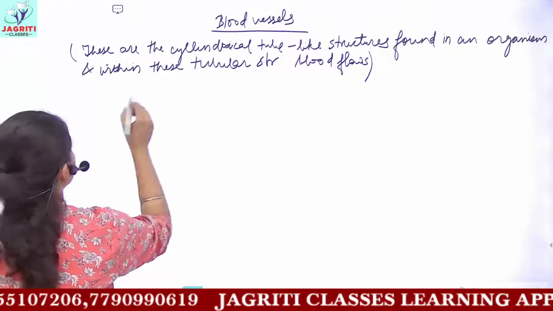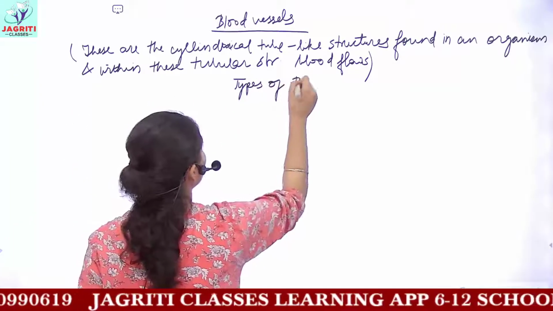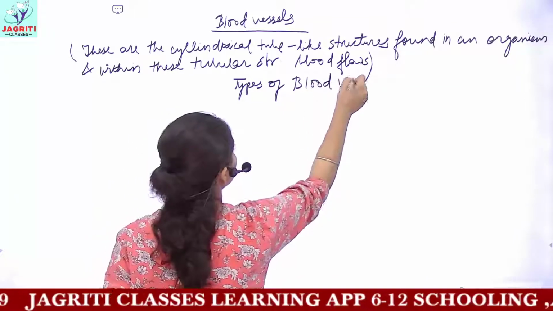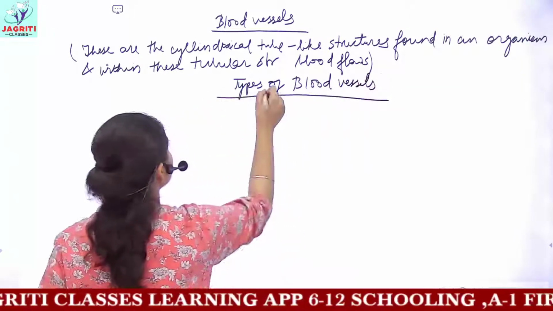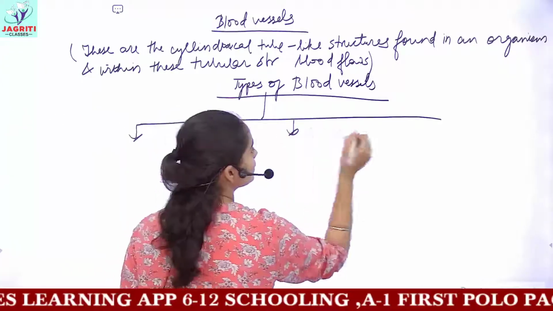Then you have three types of blood vessels. If we talk about the types of blood vessels, the different kinds of vessels present, then here you can have three kinds of blood vessels.